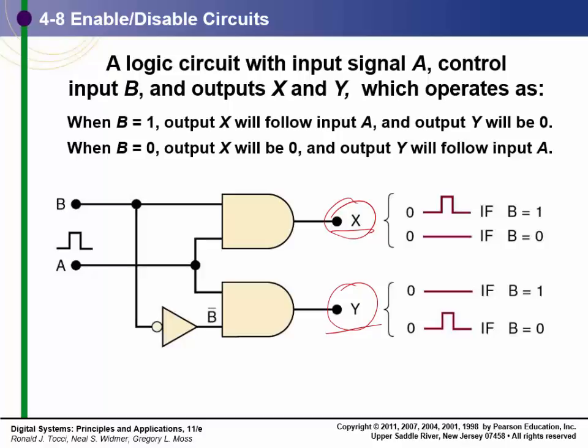So this is very commonly used for multiplexing circuits. In other words, I have a signal that comes in, it can either go here or it can go here. And we'll talk about multiplexers. So we decide which way it goes. These circuits are used a lot in, for example, telephone switches, because we've got one signal that is a pulse train, not a 1 or a 0, but a pulse train.